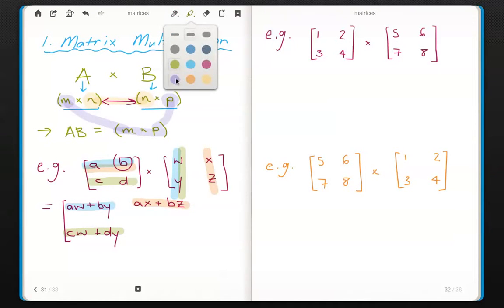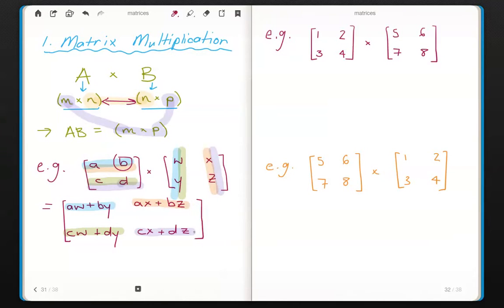And then finally, we'll go purple. I'm going to go CD again times XZ. So that gives me CX plus DZ. Hopefully that's sinking in for you. For some of you that would be very familiar.